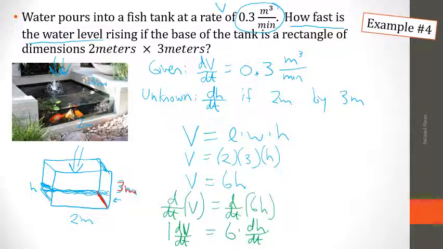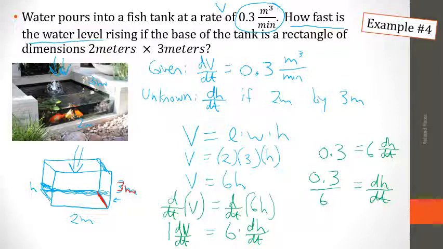Now we fill it in. dV/dt is 0.3. So we have 0.3 equals 6 dh/dt. So 0.3 divided by 6 equals dh/dt.